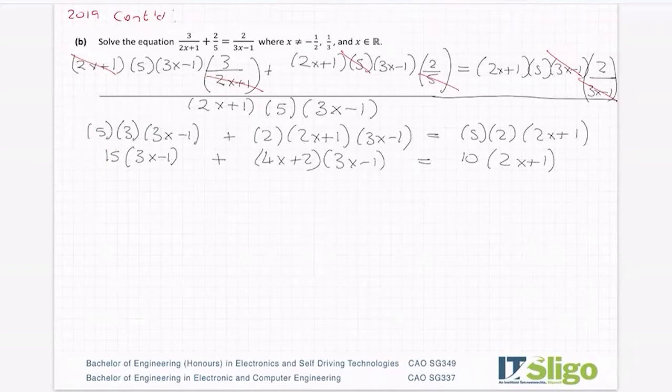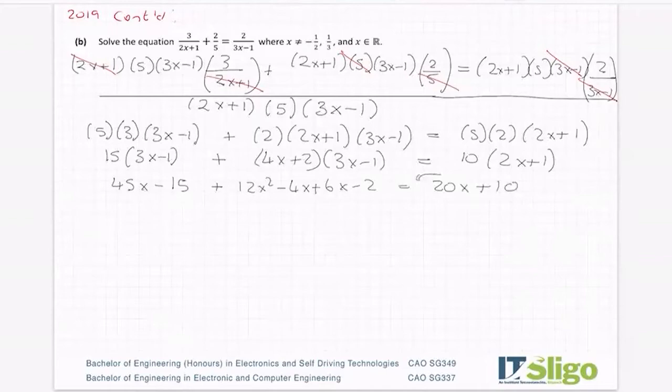Okay, and then let's multiply in the last piece. So 5 3s, 45x minus 15 plus 4 3s 12x squared minus 4x plus 6x minus 2 equals 20x plus 10.